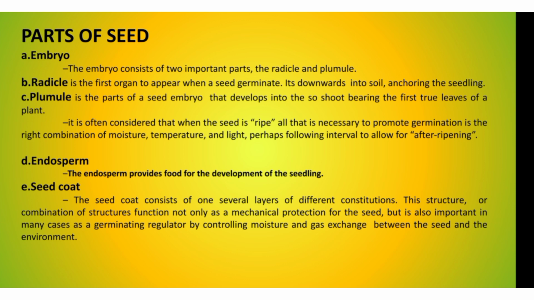When the endosperm has run out of food, the radicle will now sprout and gather nutrients from the soil or from the environment.